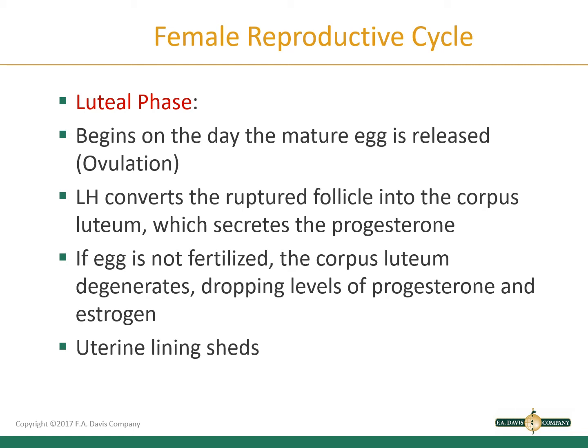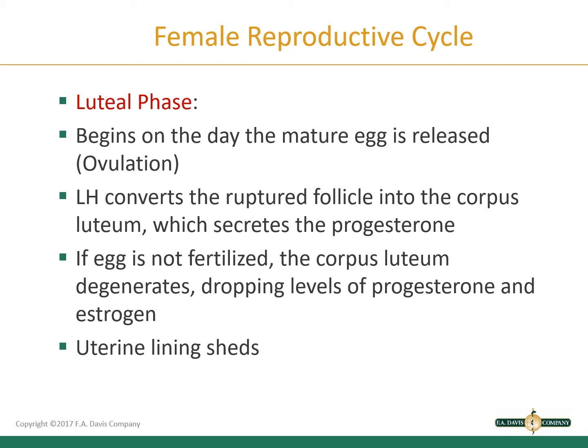So during ovulation, that mature egg bursts from the follicle, and it leaves behind kind of an empty shell of cells. And that empty shell of cells goes through a transformation after ovulation.